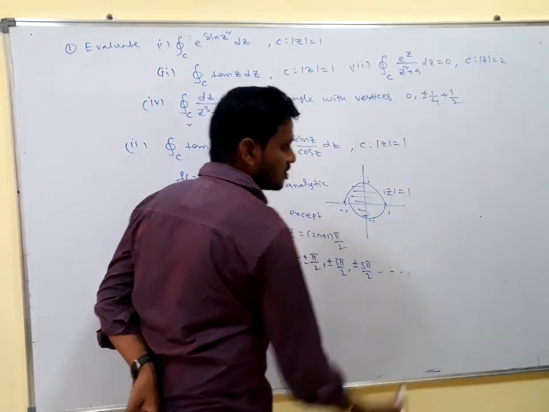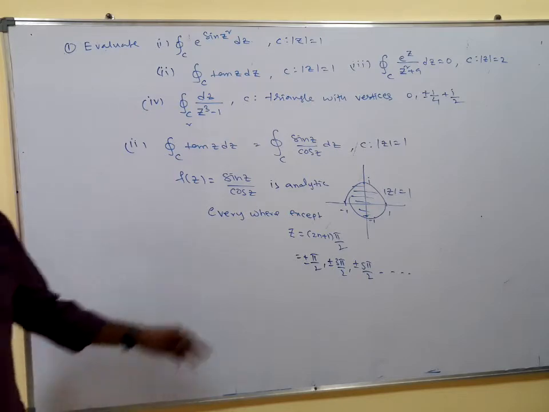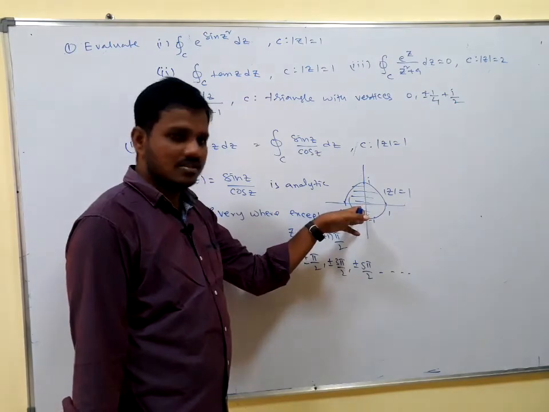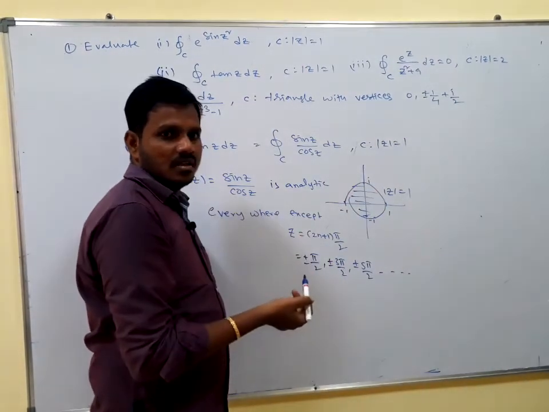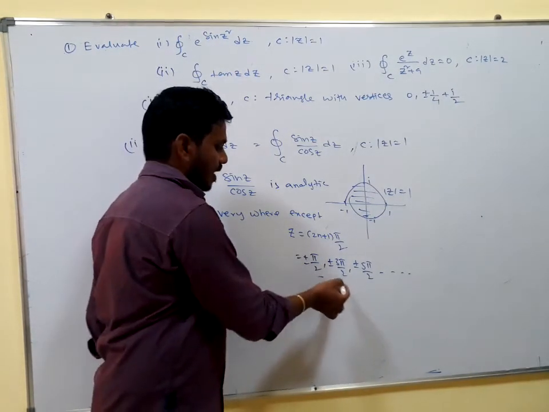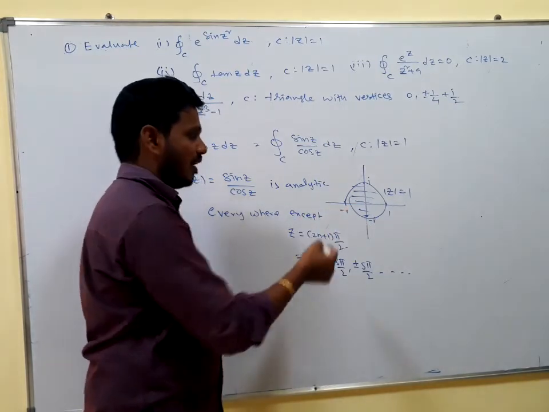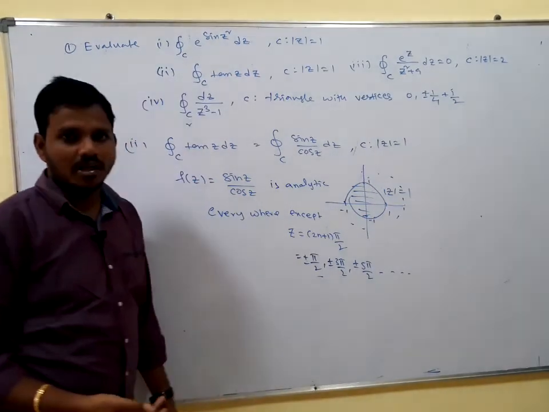At these points, the function is not analytic. See the region, pi by 2 is not inside the domain, right? Here i is at 1 unit distance, and pi by 2 is more than 1. So these points are outside the simply connected domain.